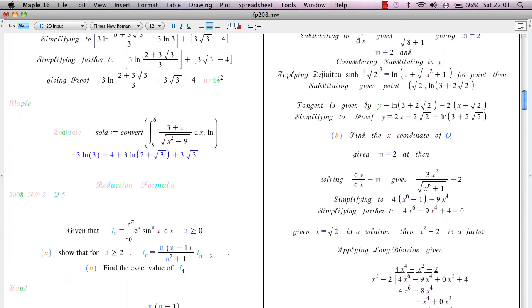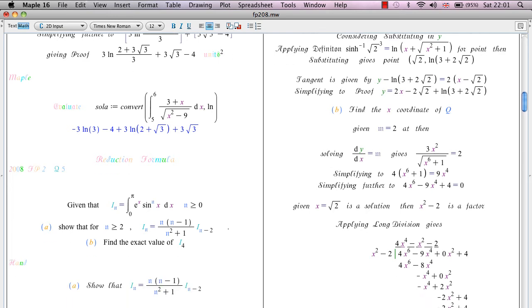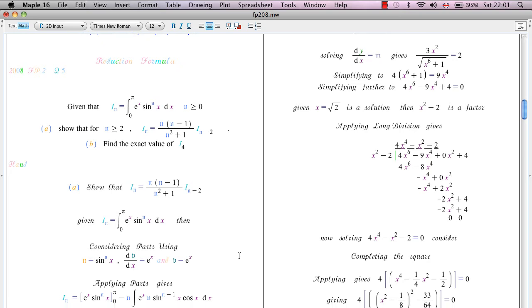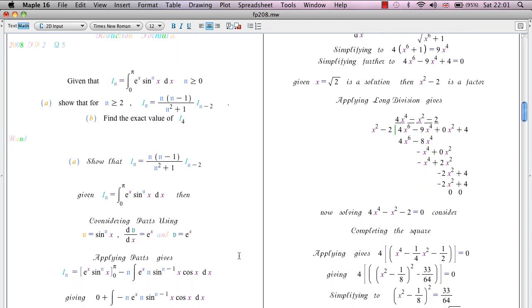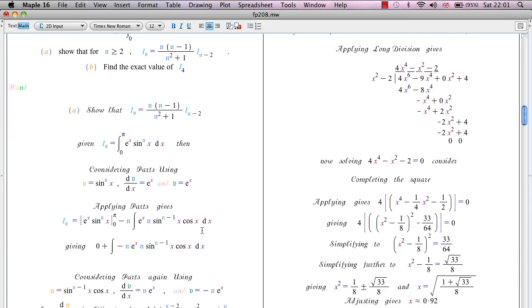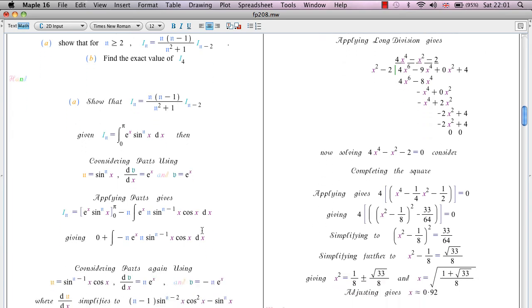Question 5, reduction formula, e to the power x sin nx. To prove I_n is this expression for n more than or equal to 2 and the exact value of I4. So for part A, applying parts with u equals sin nx.